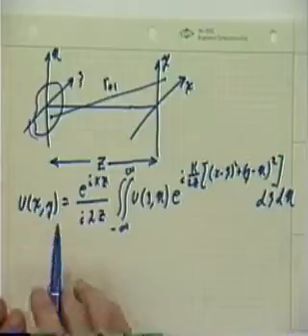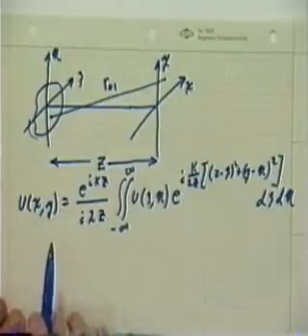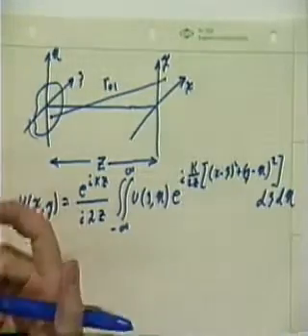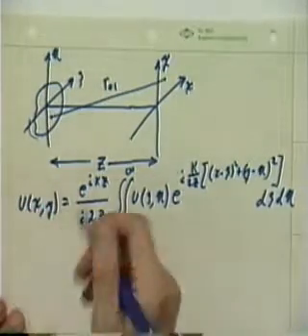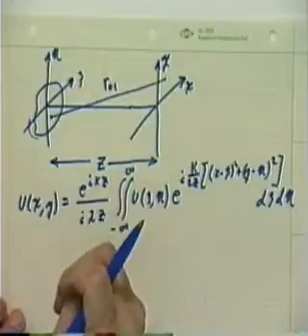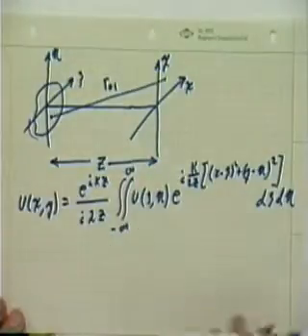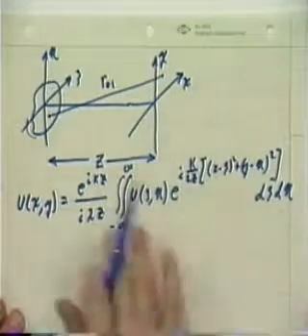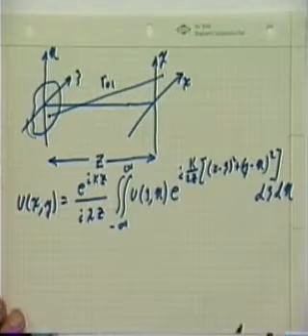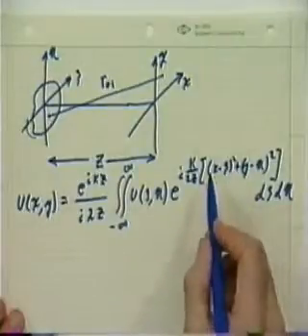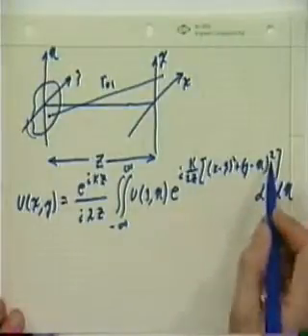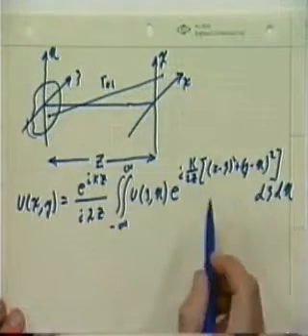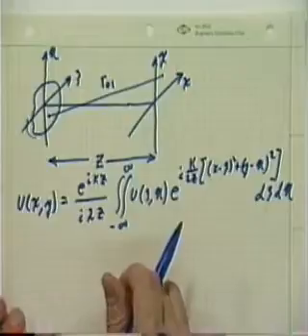Now, right at the end of class, I think we wrote this a slightly different way. We wrote it a couple of ways. We wrote it once so it looked like a convolution, and I'm not going to write that down again today. But right at the end of class, we made this look like a Fourier transform. What we did was multiply this out, and we took out a portion here that did not depend upon the variables of integration.